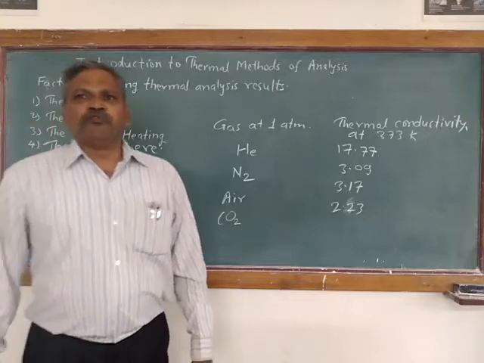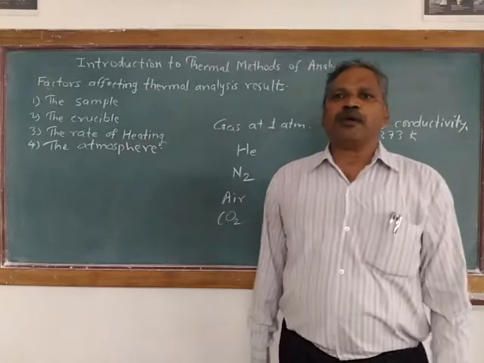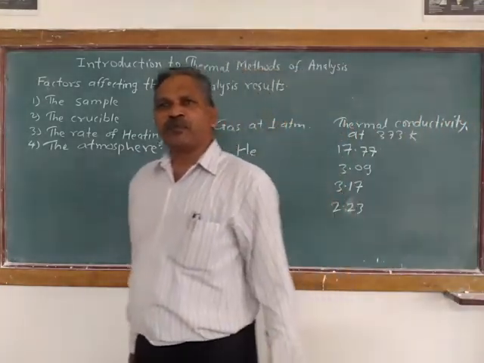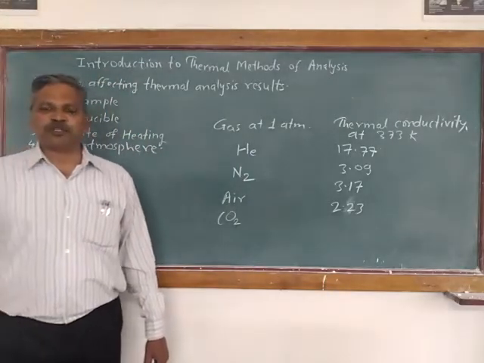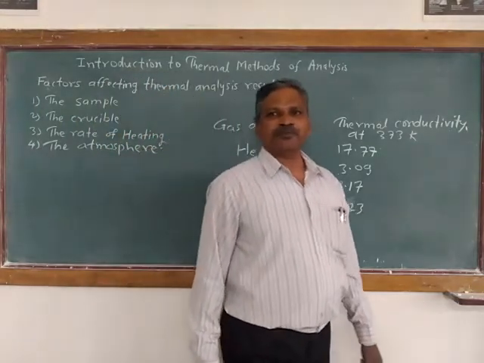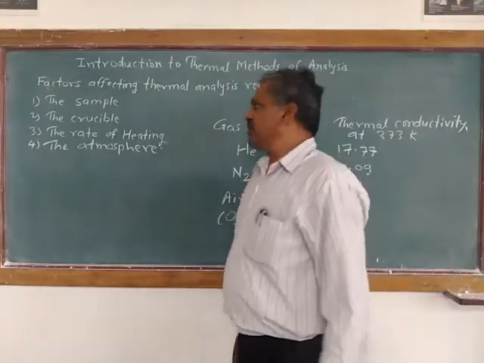So when the reaction occurs, the nature of the thermal event will change completely. For example, if a metal is stable in a helium atmosphere, it may not be stable in an air atmosphere. The metal could get oxidized in air.